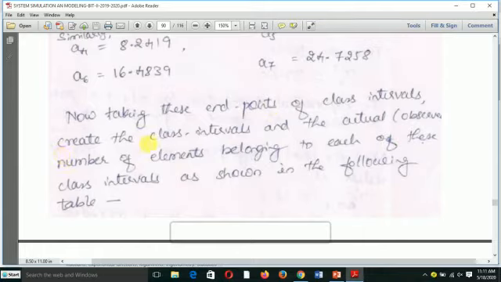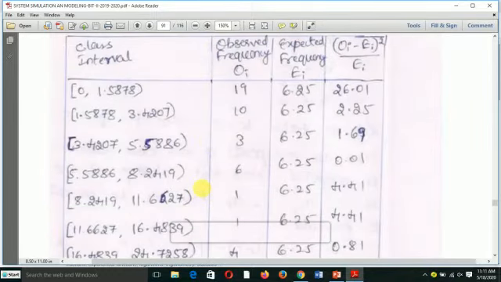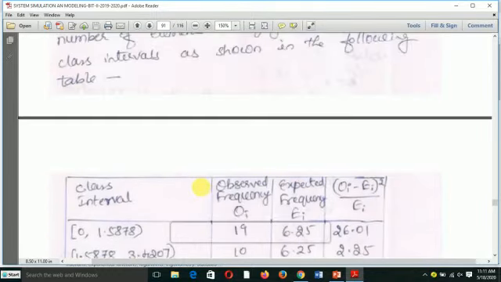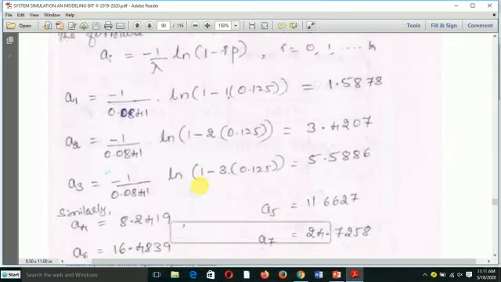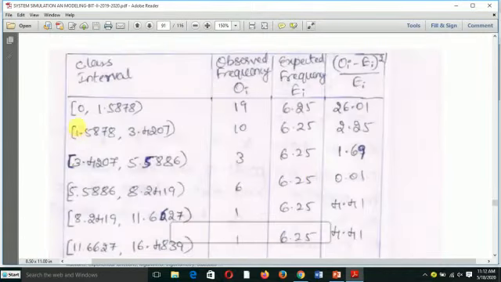We create the class intervals and the actual number of elements belonging to each class interval, as shown in the following table. The first one, a1, is 1.5878, so it will go from 0 to 1.5878.